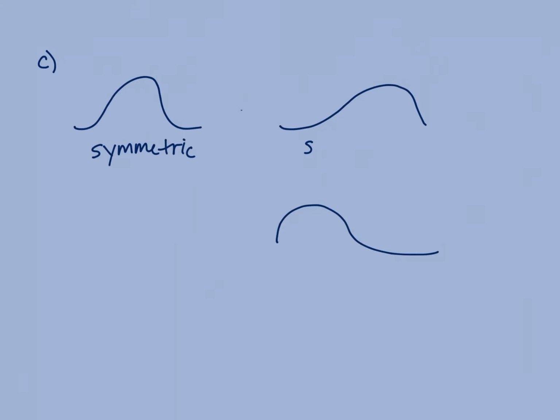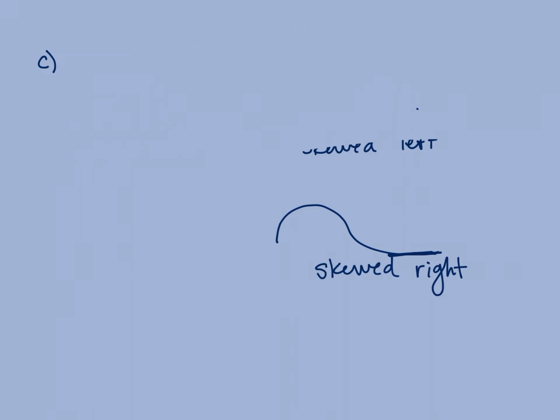This is skewed left because the long tail is on the left side, and this one is skewed right because the long tail is on the right side. You decide which yours looks like, if the mound is in the center or if it's on the right side or the left side, and describe which shape best describes your dot plot.